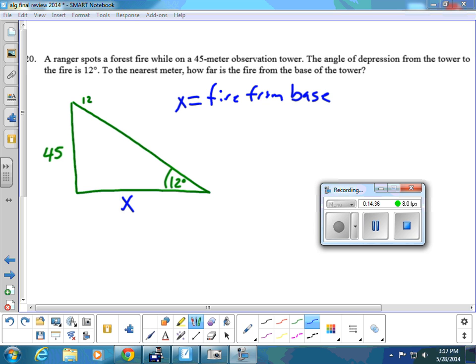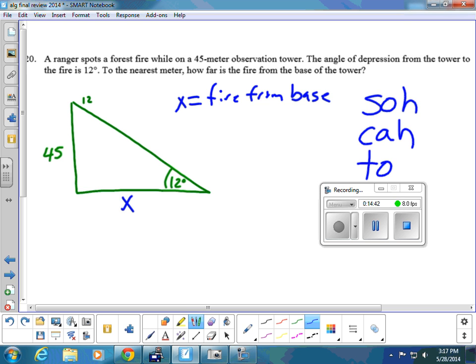Well, again, we're going to use SOHCAHTOA for this. And again, on the exam, show that you know what's going on. Write SOHCAHTOA out. Figure out which one to use. Well, I'm looking from the 12's point of view, and across from the 12 is its opposite. Next to the 12 are two sides.